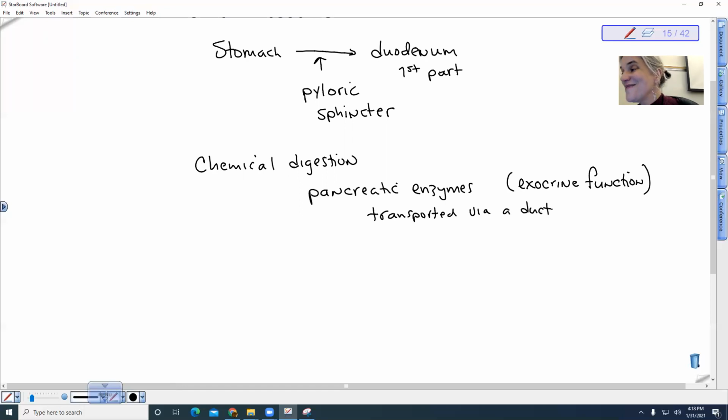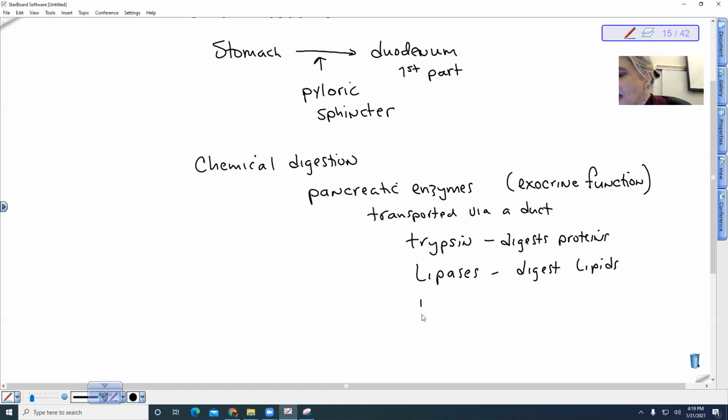There's a bunch of them. Some of them have weird names like trypsin, which digests proteins. Some of them, like lipases, digest lipids.